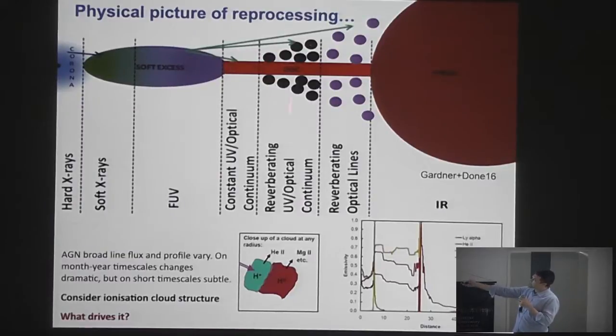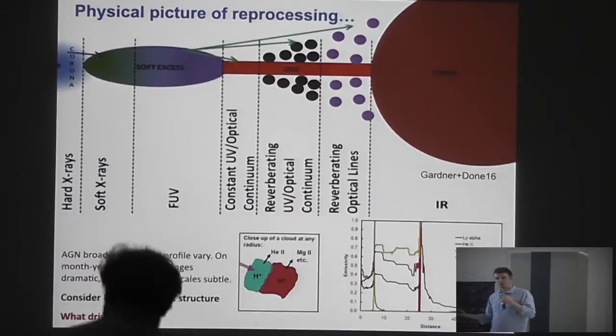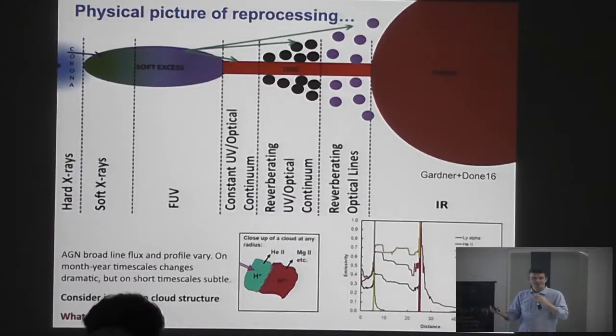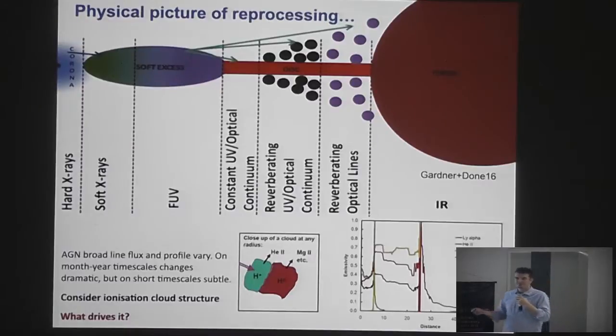And so these clouds generally end up seeing a harder UV field, and so you strip off more of the electrons from the gas, and you end up seeing higher ionization species. So helium-2, nitrogen-5, et cetera. And those tend to come from this inner portion of the broad line region, whereas something like hydrogen might actually come from more out here, be dominated more from the outer portions. And so this is what this difference between UV optical and optical is, that the species will actually change a bit over this distance.